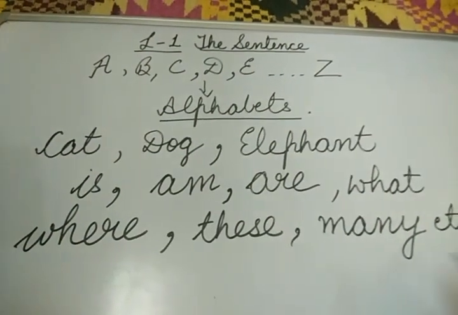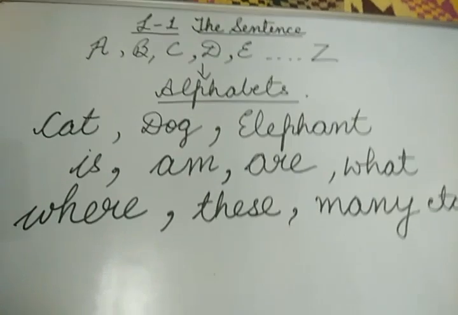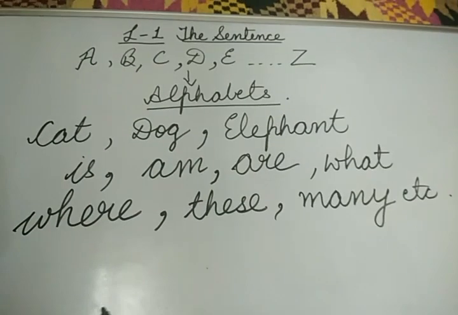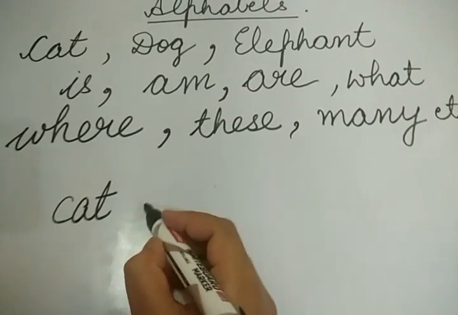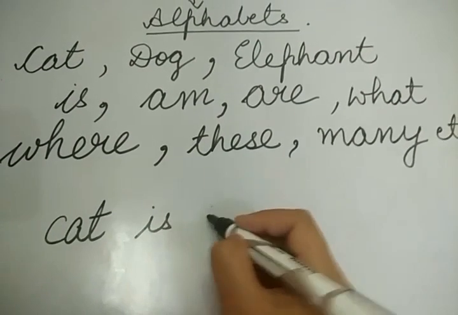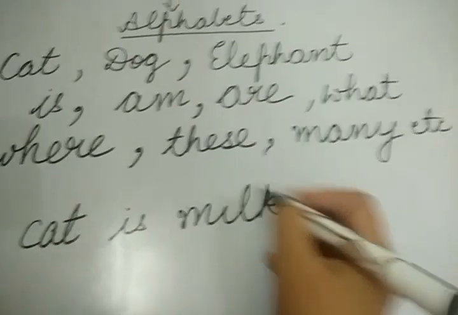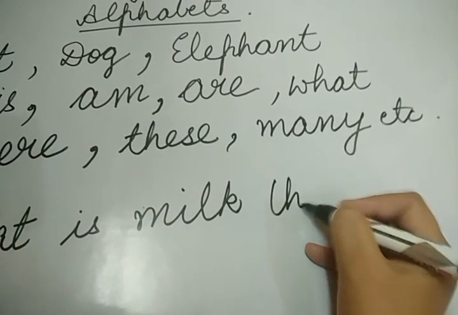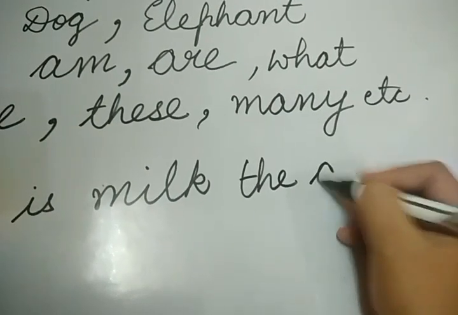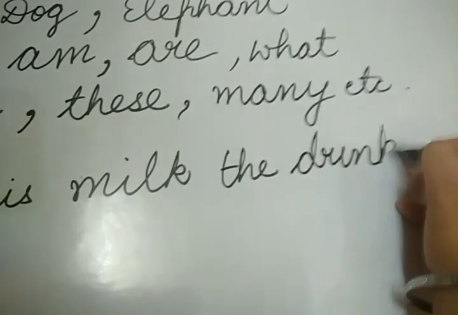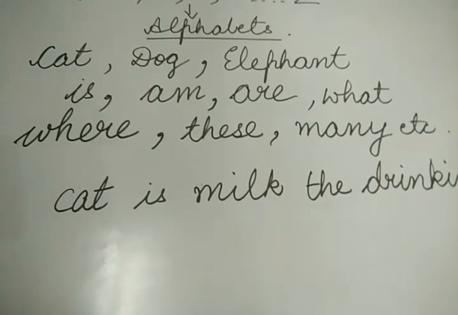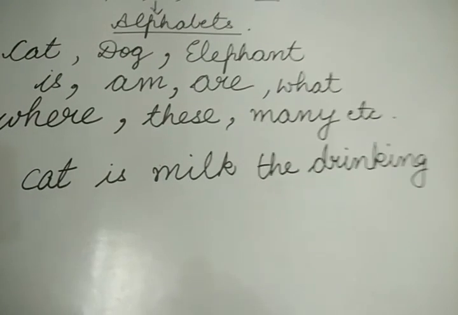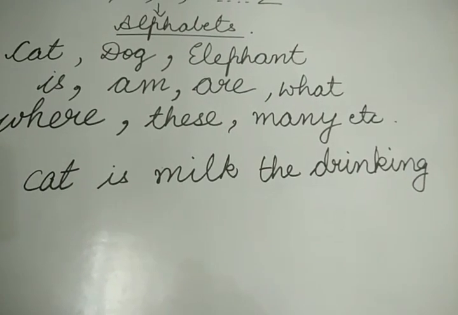Now, when we write these words in some order, like suppose I write: cat is milk the drinking. All these are words.